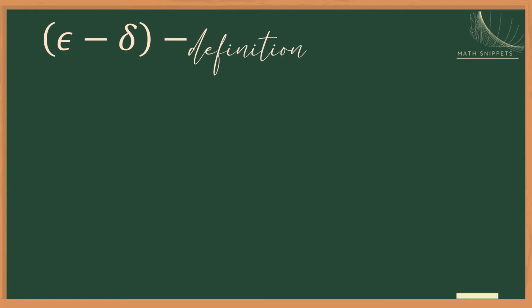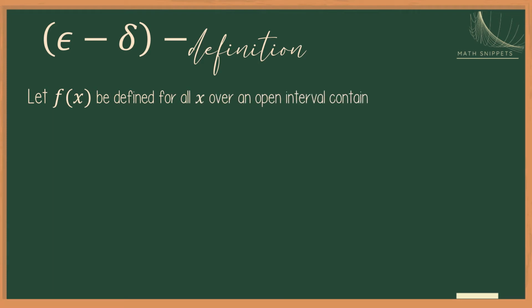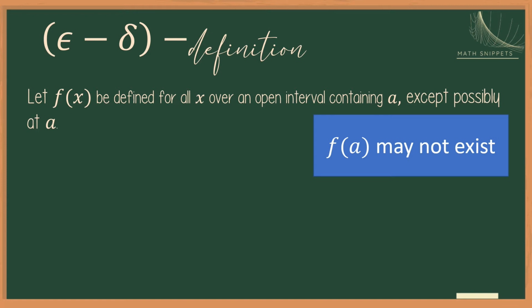So let me present the formal definition of the limit of a function, or the epsilon delta definition of the limit of a function as x approaches A. Let f of x be defined for all x over an open interval containing A except possibly at A itself, meaning f of A may not exist.